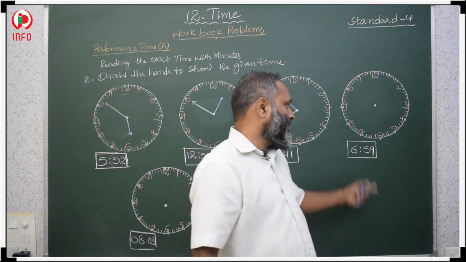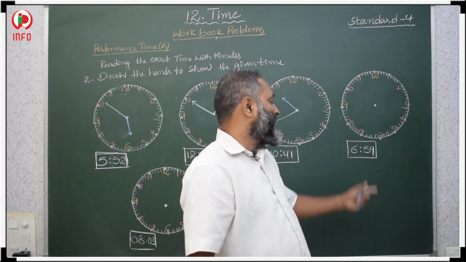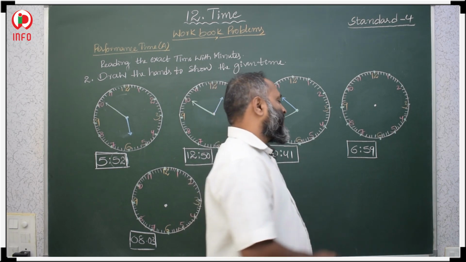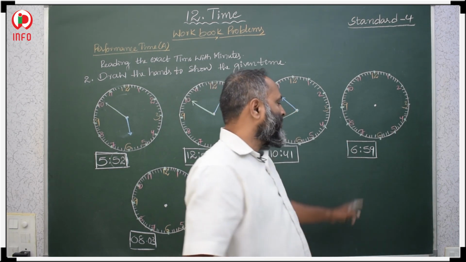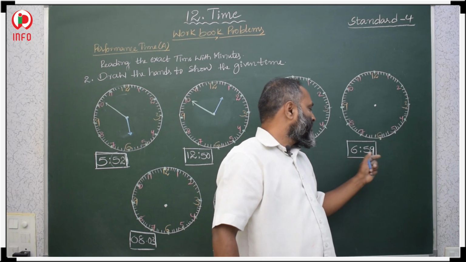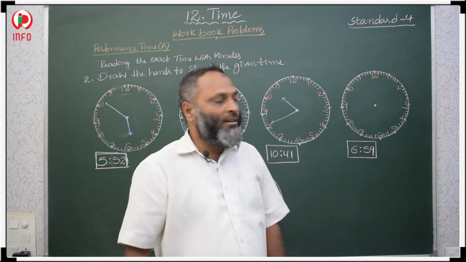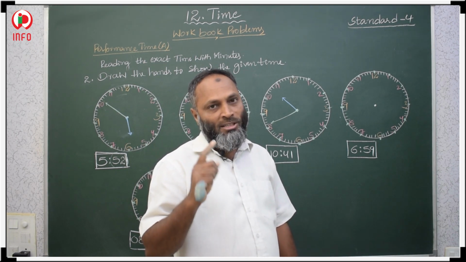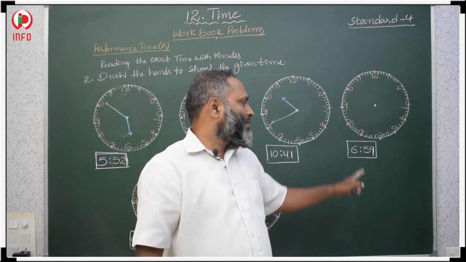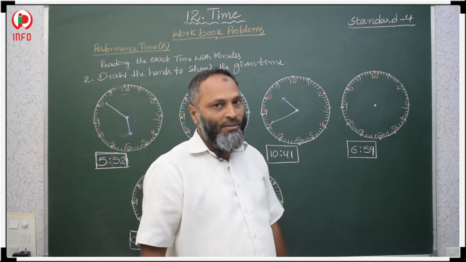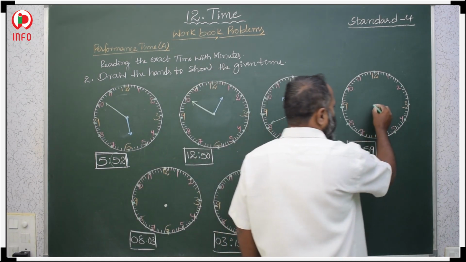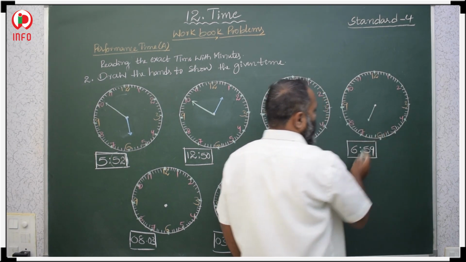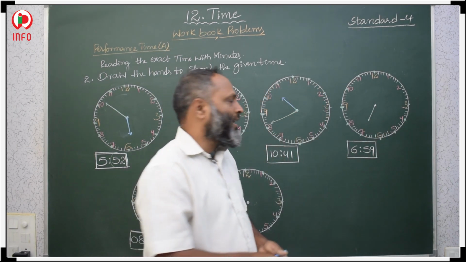Next, 6:59. 6:59 means the minute hand is at 59 and the hours hand is almost at 7. Why? Because only 1 minute is left for 7 o'clock, since 60 minutes means 7 o'clock. That is why the hours hand is almost at 7, not exactly on 7, slightly before 7.